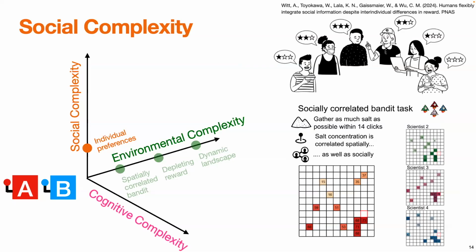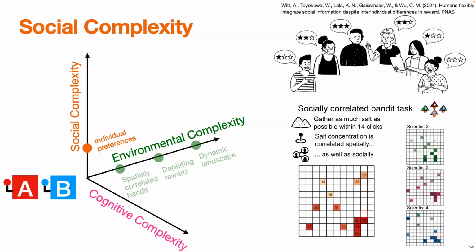They built on the spatially correlated bandit task to introduce social correlation as well. Most social learning tasks assume that agents or individuals share the same goals or the same payoff landscape, payoff functions.